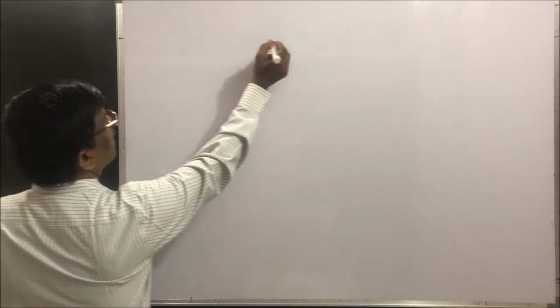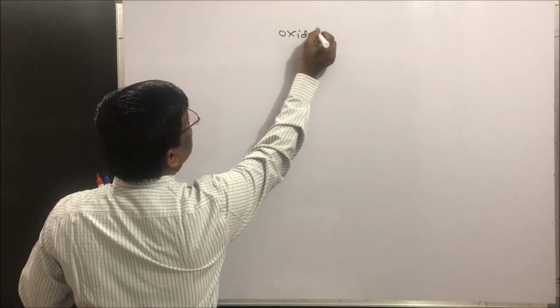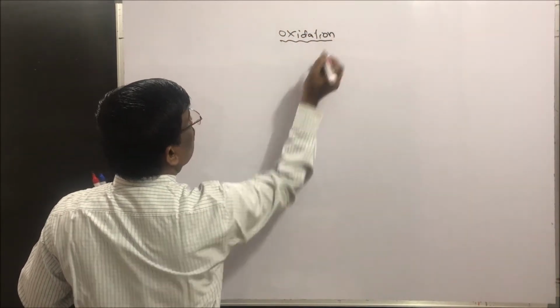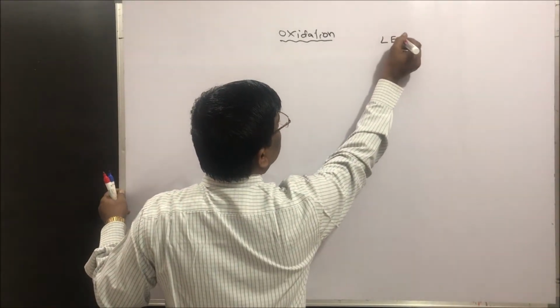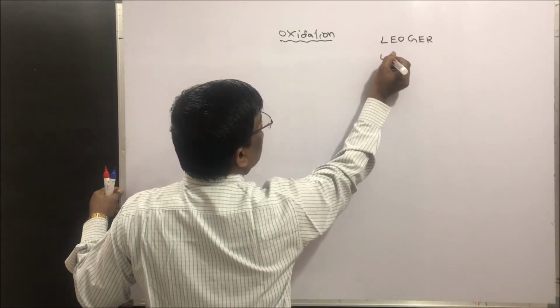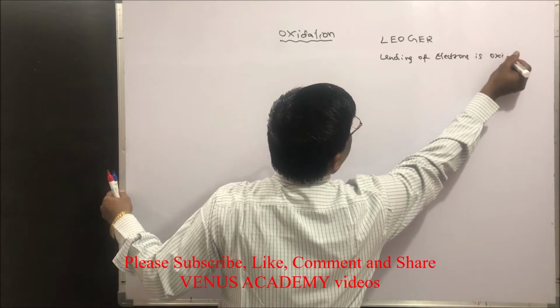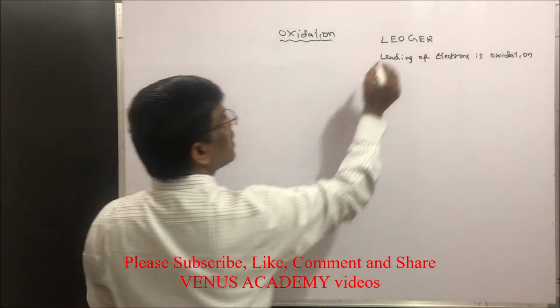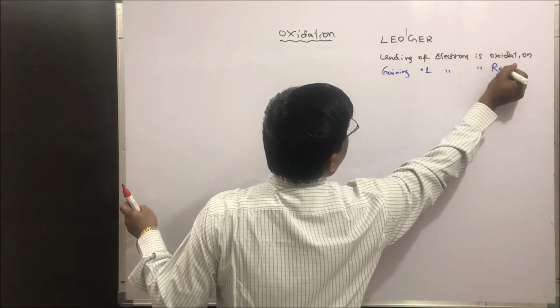Before moving further, let us see what is oxidation with respect to organic chemistry. We have learned LEO GER: Lending of electrons is oxidation, and at the same time, gaining of electrons is reduction.